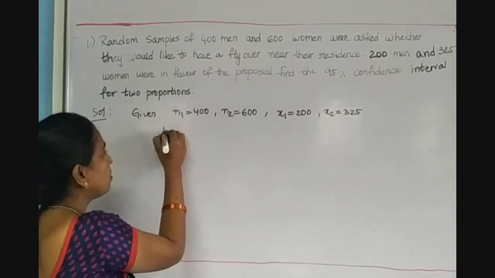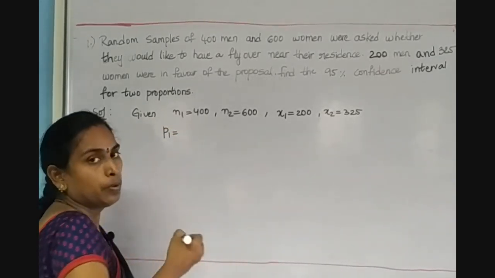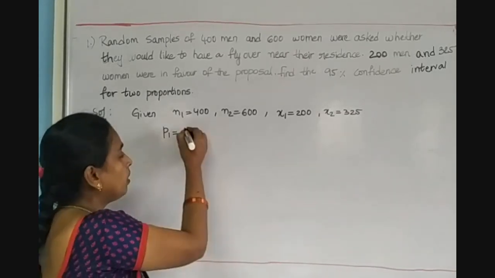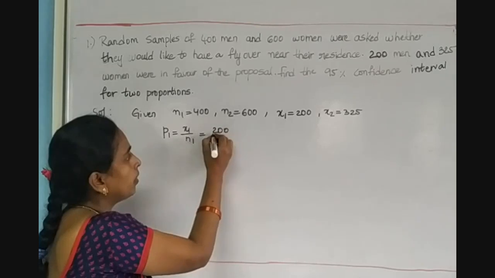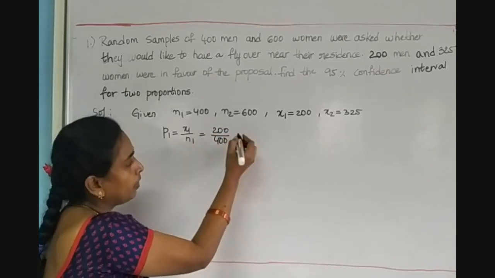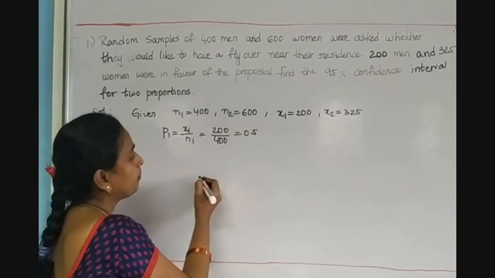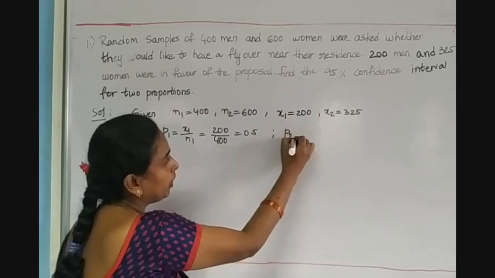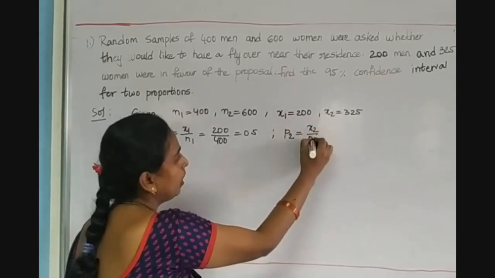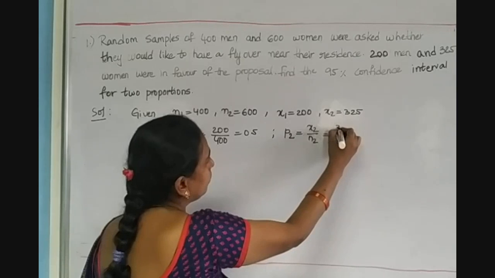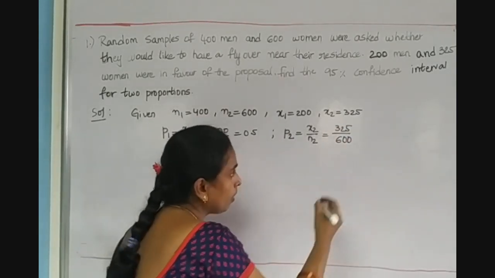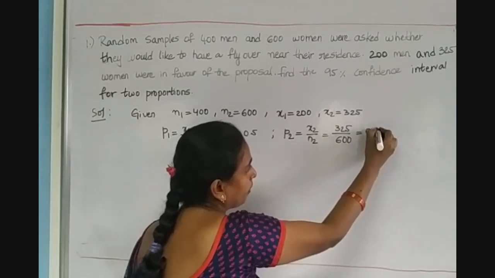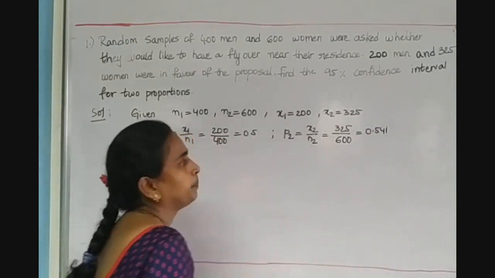Based on this information, we can find the proportions. P1 equals X1 by N1, that is 200 by 400, that is 0.5. Similarly, P2 is X2 by N2, that is 325 by 600, that is 0.541.